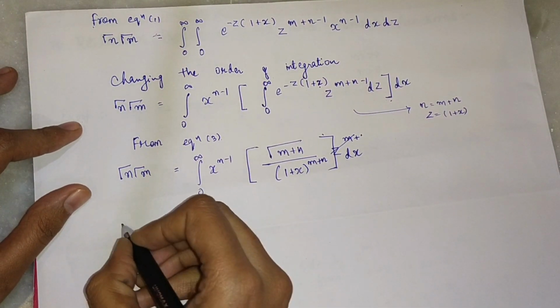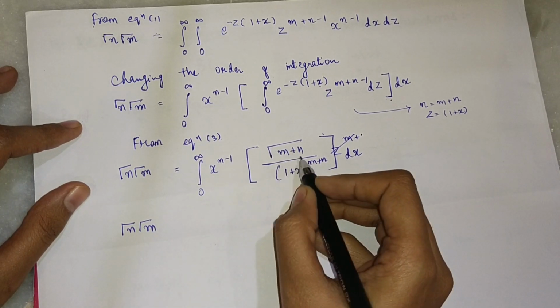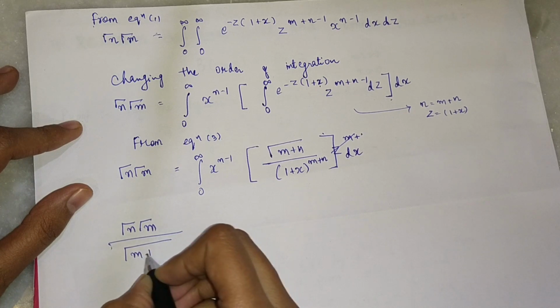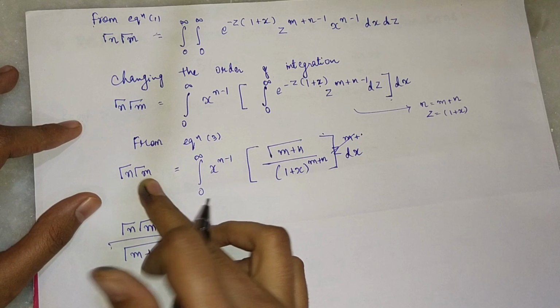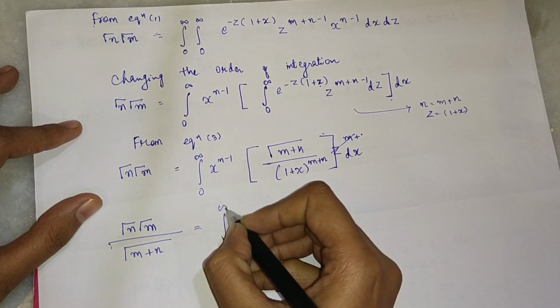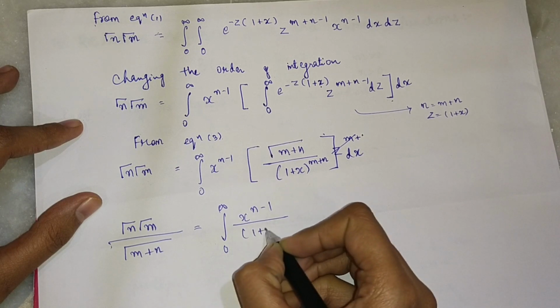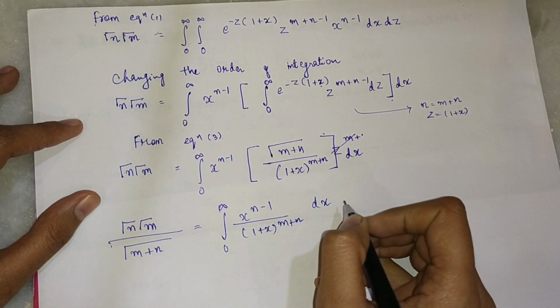Now we can write this gamma n gamma m, and this gamma m plus n we can write here in the denominator part. So we get gamma m plus n. This we took here. Okay, and here we have integral 0 to infinity x raised to n minus 1 upon 1 plus x raised to m plus n dx.